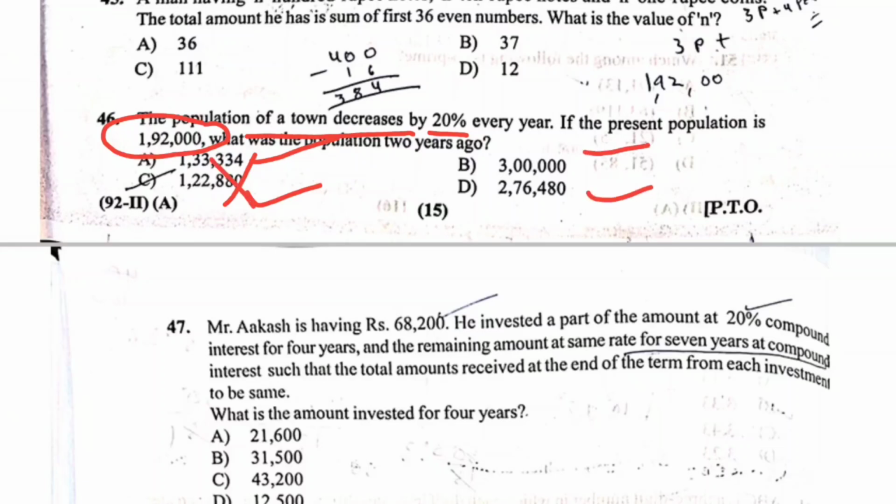Okay, so if we suppose that the old population was X, then according to the question, we have to find the population 2 years ago.